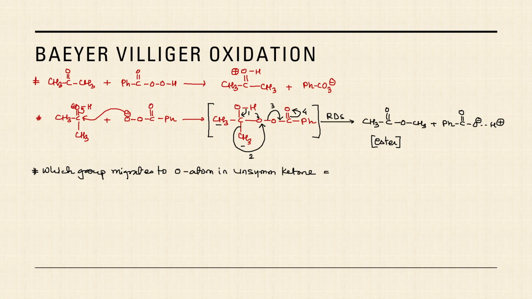This migrating tendency is identified by something known as migratory aptitude. So for Baeyer-Villiger oxidation, the migratory aptitude is this.